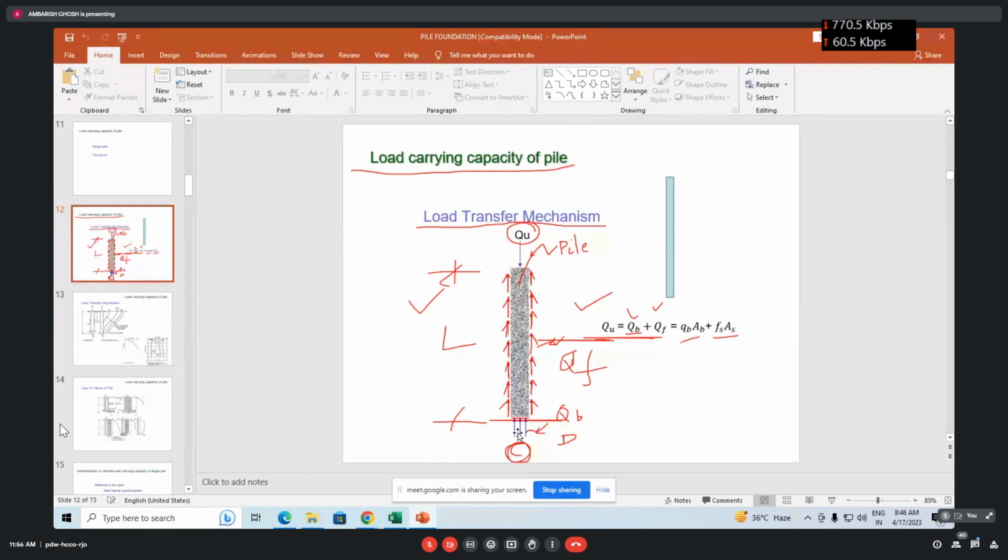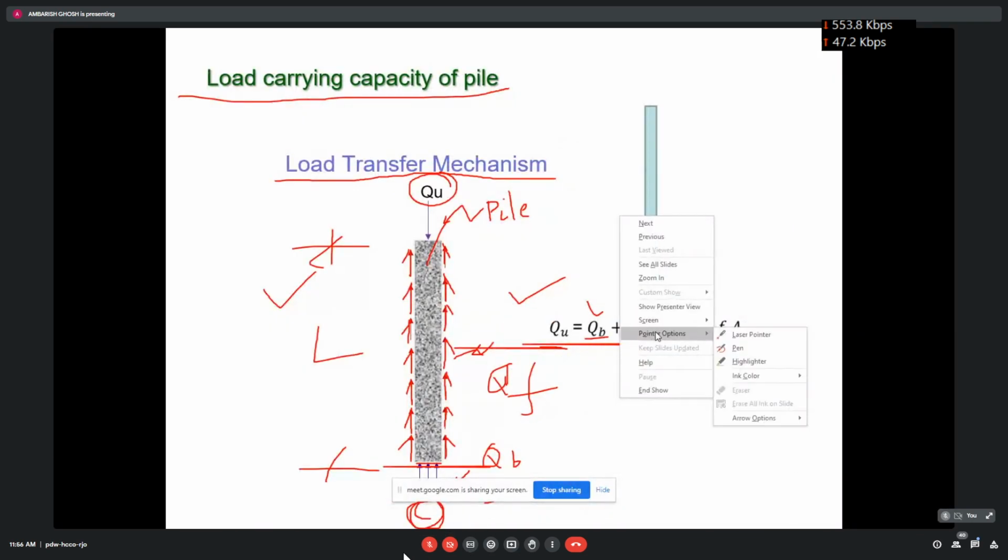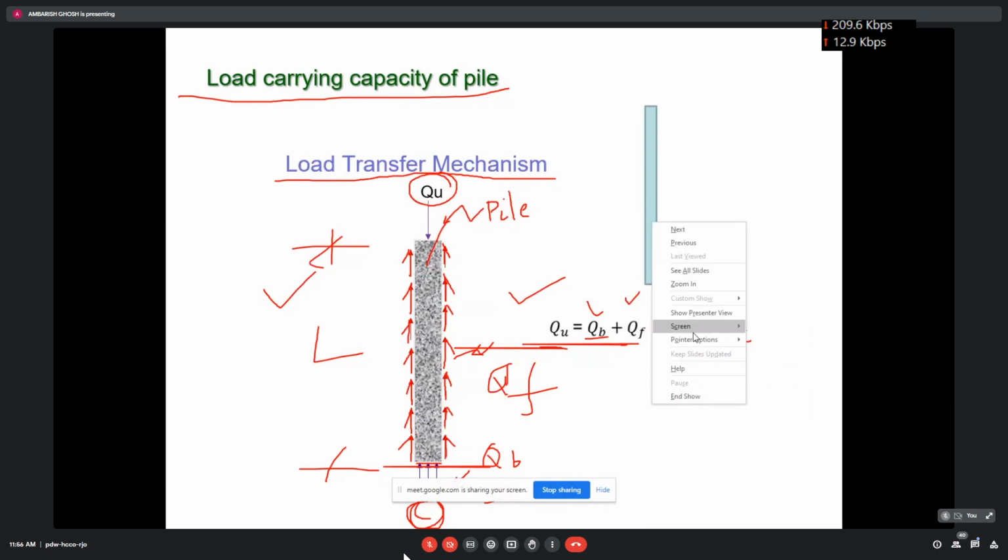Am I correct? Now in case of lateral load, where will the resistance come from? Suppose in this case you have a load versus deformation curve. This is the deformation and this is the load Q. You have applied Q, so you get this type of curve.